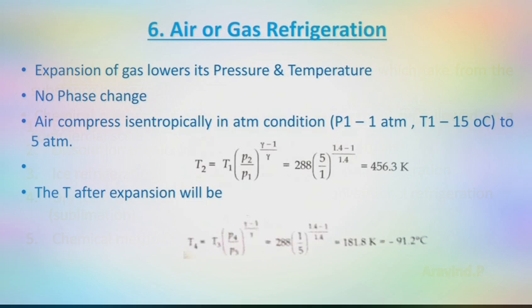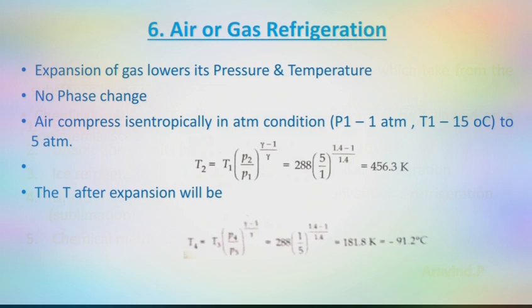When air is compressed isentropically from atmospheric conditions, that is one atmospheric pressure, and here I take the temperature as 15 degrees centigrade, to 5 atmospheric pressure, the temperature after compression would be, as you can see in the equation, T2 equal to 456.3 Kelvin.